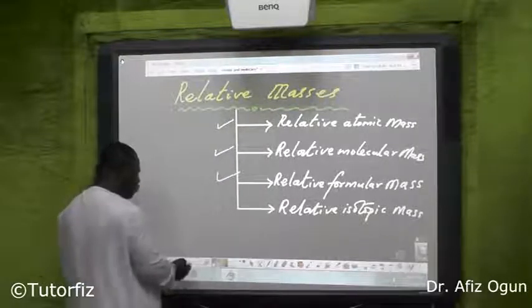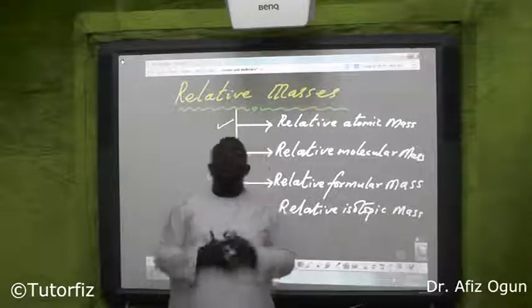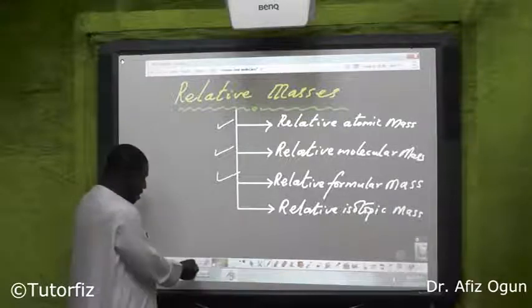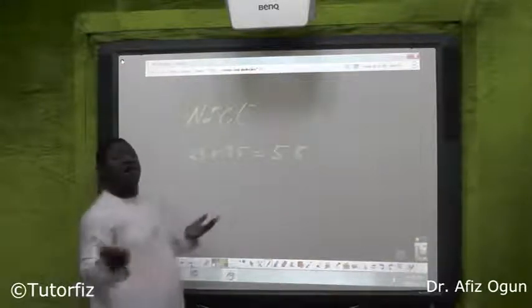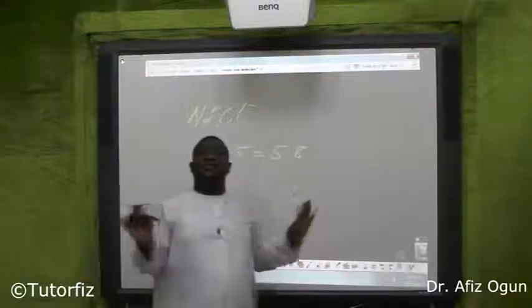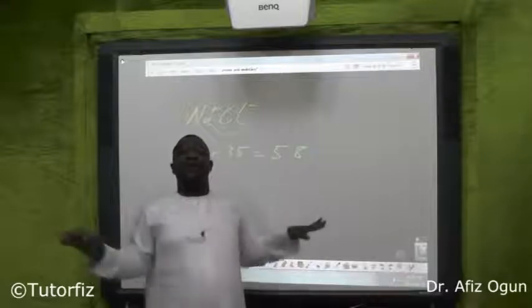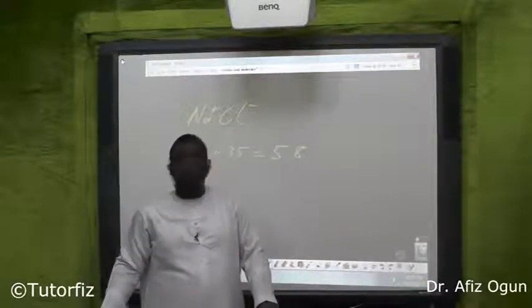What about relative isotopic mass? You already know about isotopes. All atoms of a particular element have the same number of protons and the same number of electrons, but the neutrons may be different.